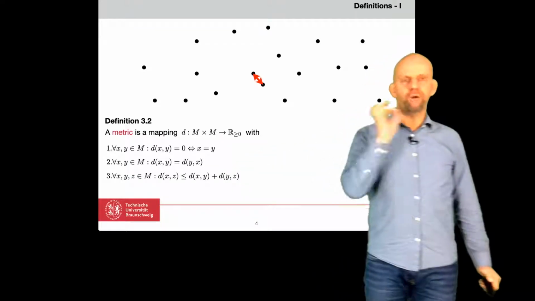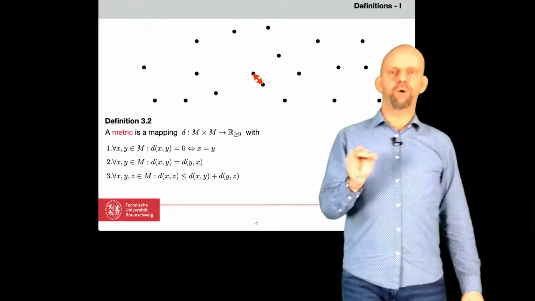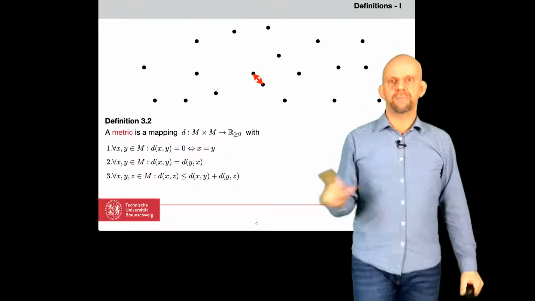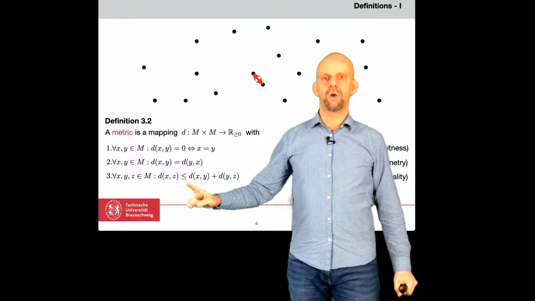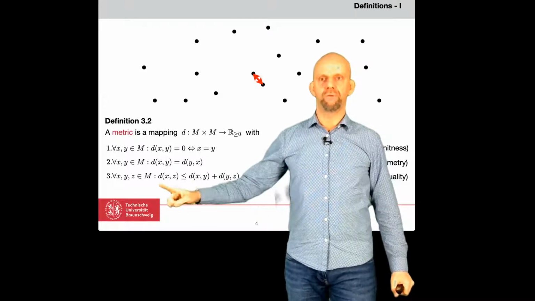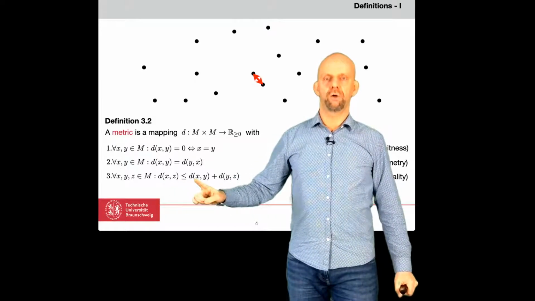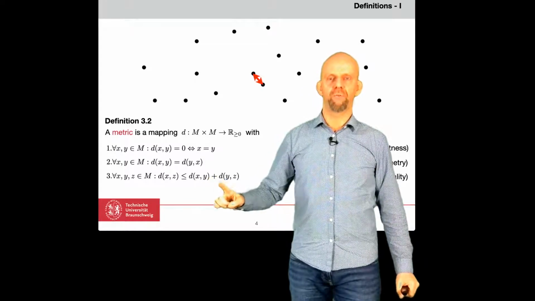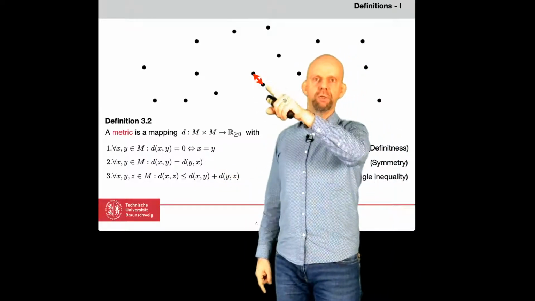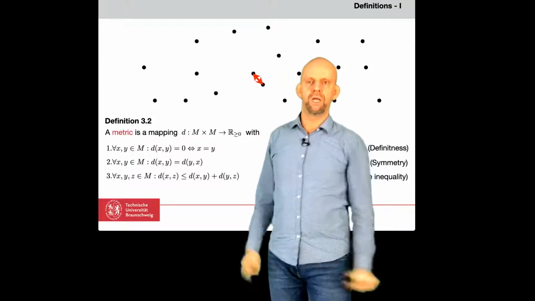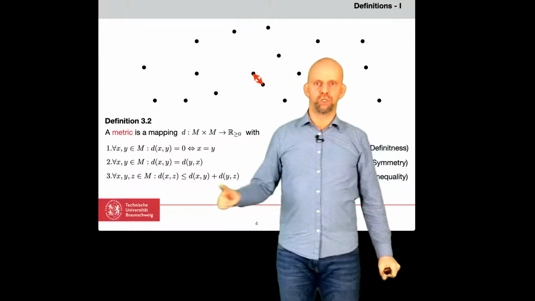Now, here's a third one, which is of fundamental importance. It says if you go from x to z, but you go via y, so first you go to y, and then you go from y on to z. So if instead of going from here to here directly, you do a detour, go up here and go down here, that does not get shorter.